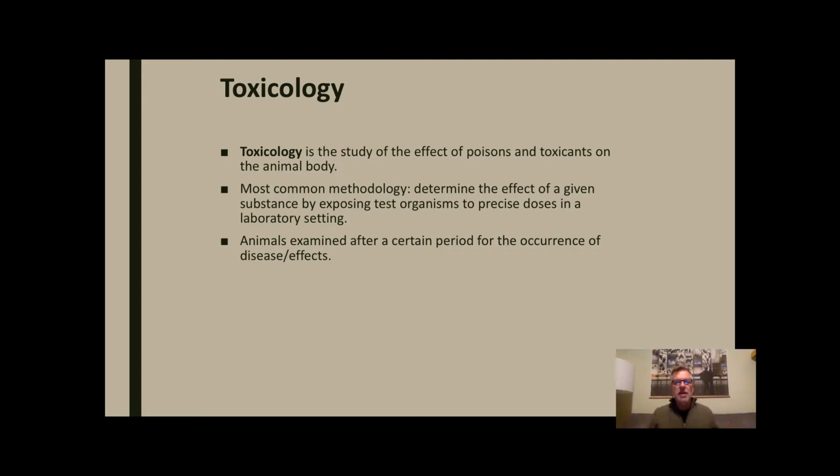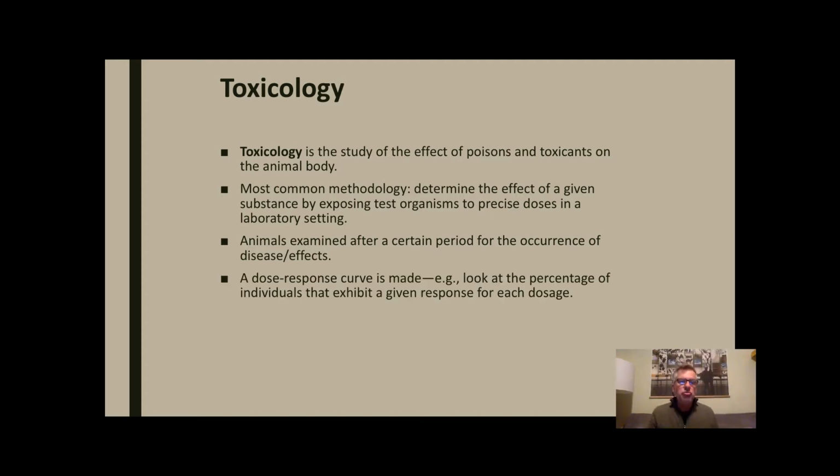The animals are then examined after a certain period for the occurrence of disease or other effects, and a dose-response curve is made. We'll be looking at the dose-response curve a little later, but basically you look at the percentage of individuals that exhibit a given response at each dosage, and you plot that, and you look at what kind of response line, a function, you get.